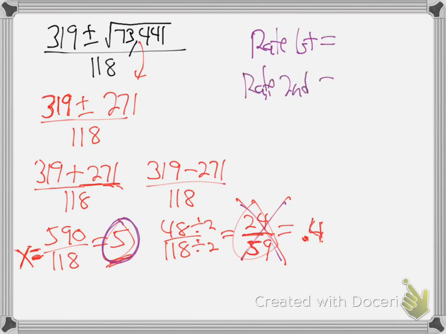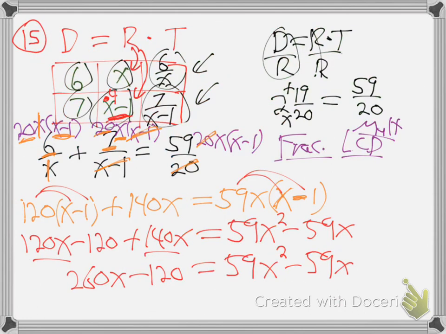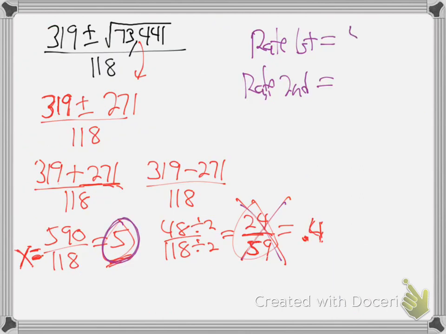They want the rates. So I take that 5 and go back to the rate boxes. And I put a 5 in right there for x. And there's that 0.4, which wasn't going to work. In this x slot, I put a 5. Now we know x is 5. So this is 5, and this is 5 minus 1, 4. So the rate in the first part is 5. The rate in the second part is 4. There we go. That was a challenging problem.